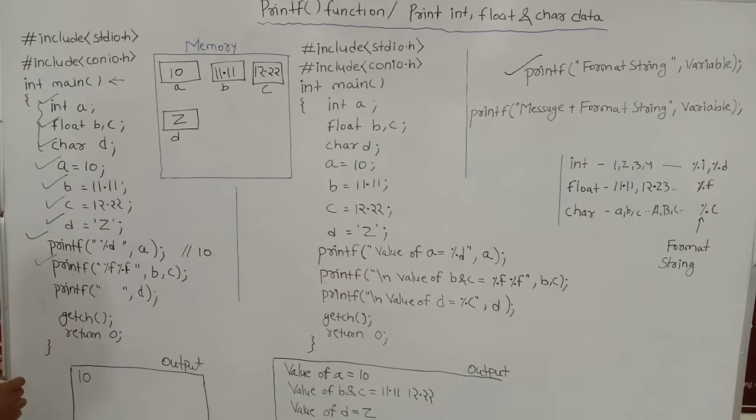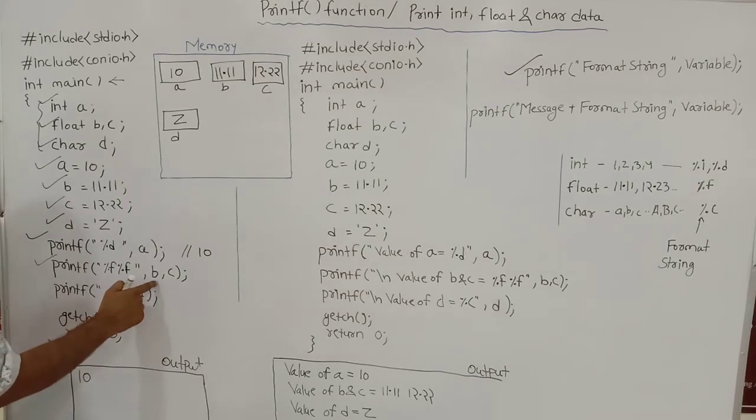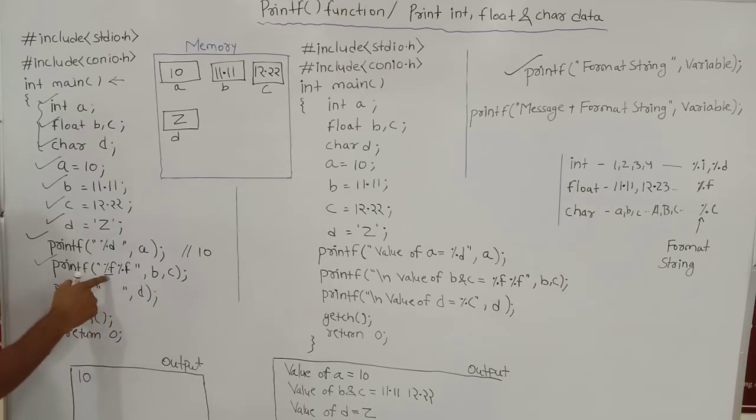These 2 %f denote we want to print 2 float data. So the value of b will be printed in place of this %f, and c will be printed in place of this %f.